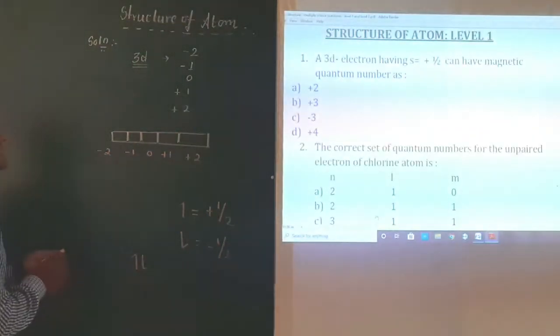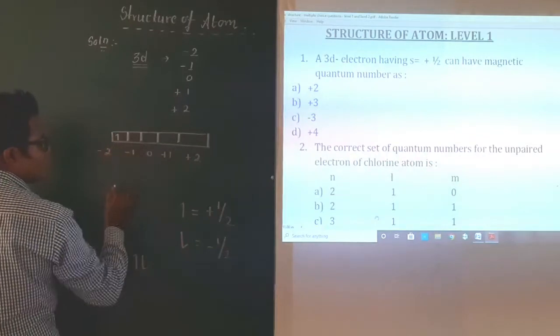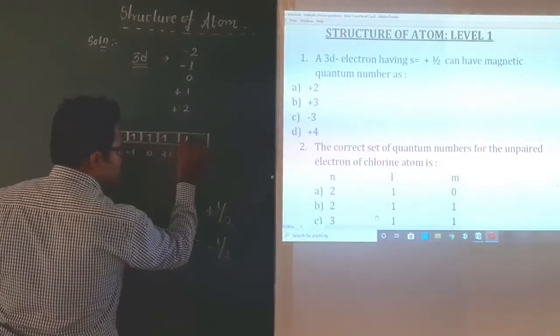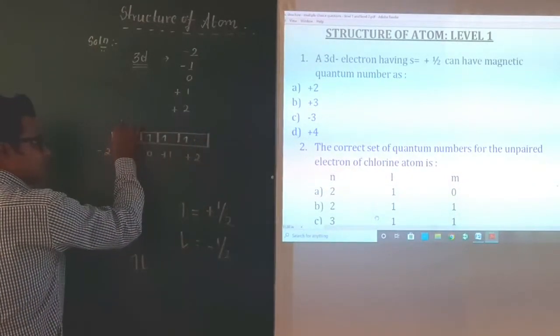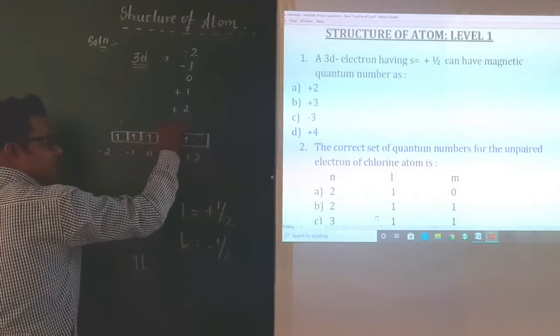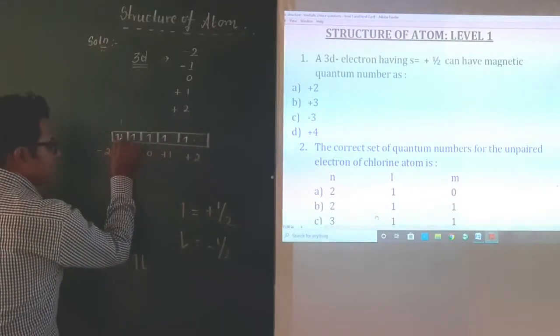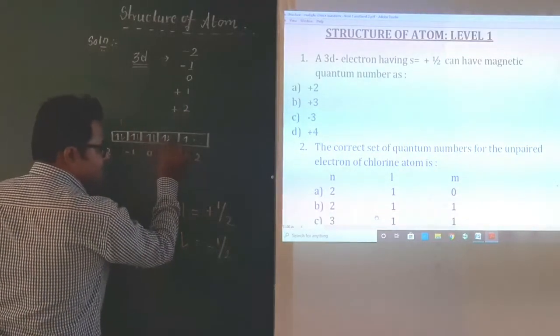So when we are filling this, we are going to have plus half, plus half, plus half, plus half, and plus half over here. But as it starts pairing, the spins cancel.